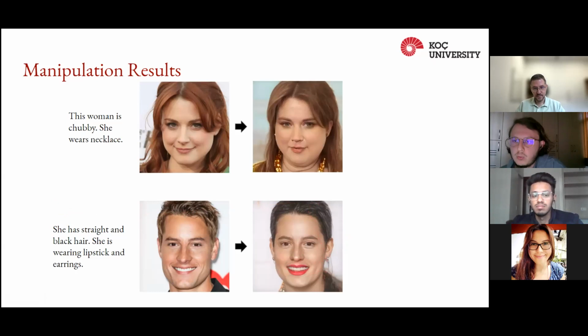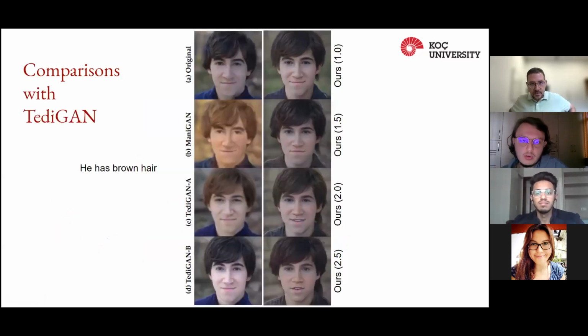Now I will show comparisons with the StyleGAN model and also the GAN model Basit talked about. The first image here is the original one. On the left column, we have the GAN manipulations, and then we have two manipulations for StyleGAN.